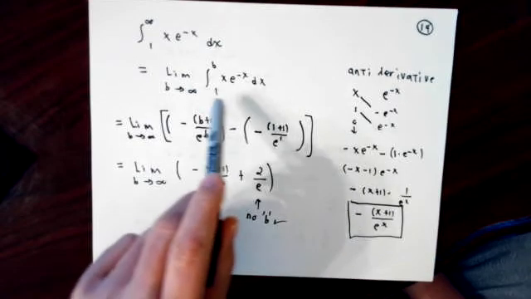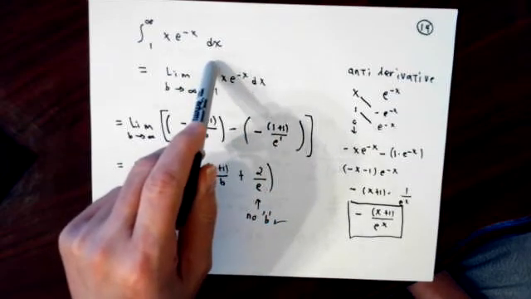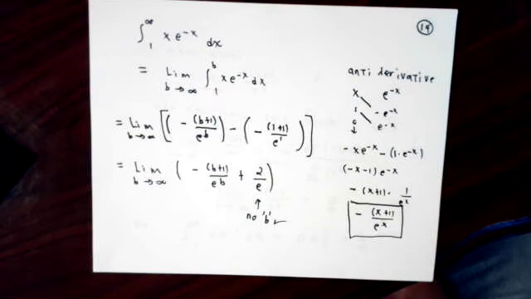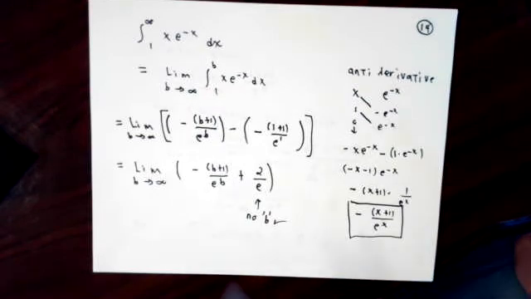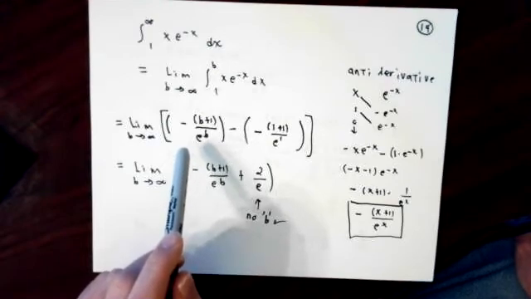In my finite-sized interval here, I've got to evaluate that at x equals b, evaluate it at x equals 1, and then subtract. The thing that I'm going to take the limit of is the negative of b plus 1 over e to the b.